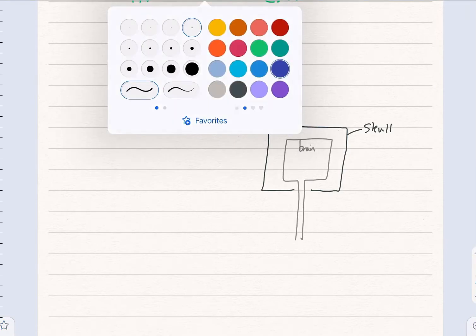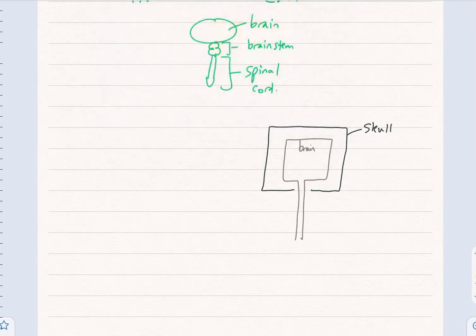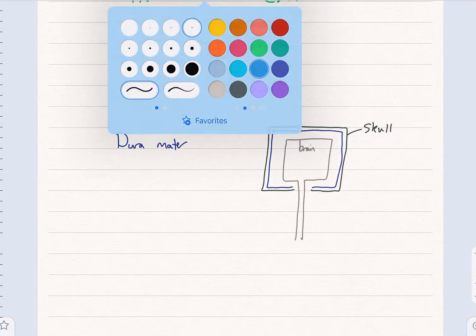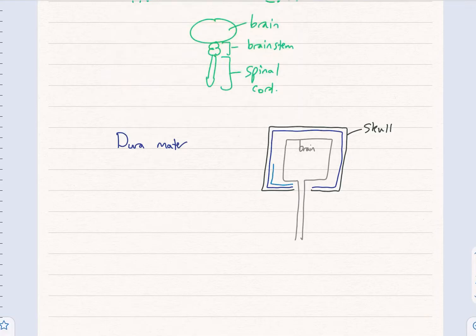The meninges are made up of three layers: dura, arachnoid, and pia mater. Start with the outermost layer, the dura mater. Mater meaning mother in Latin, so it's the idea of hugging the brain and the skull. Dura meaning tough. Then we have the next one, the arachnoid.